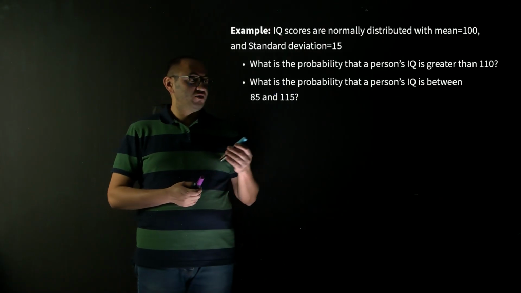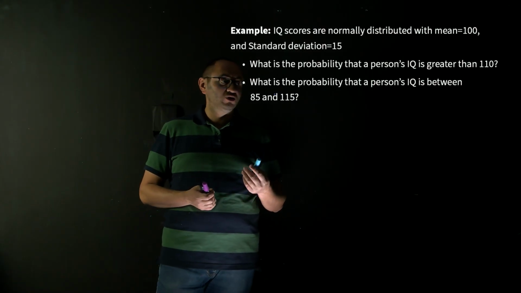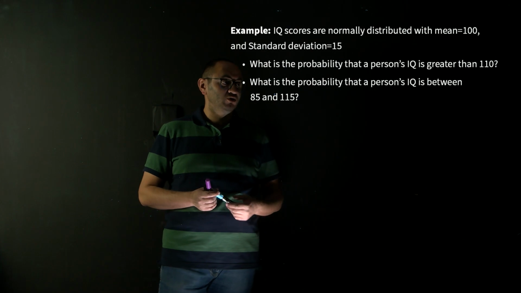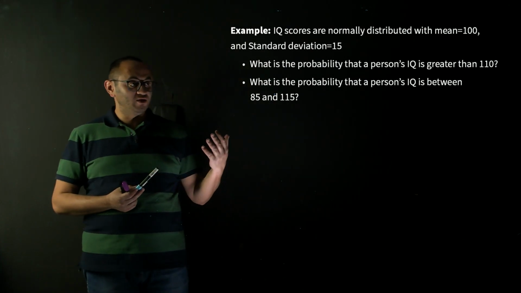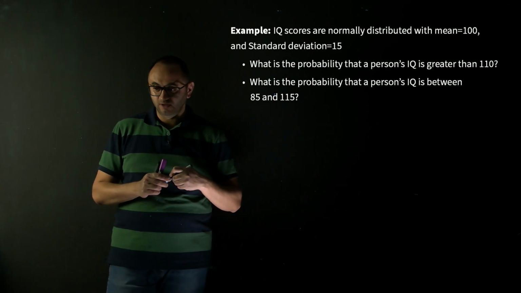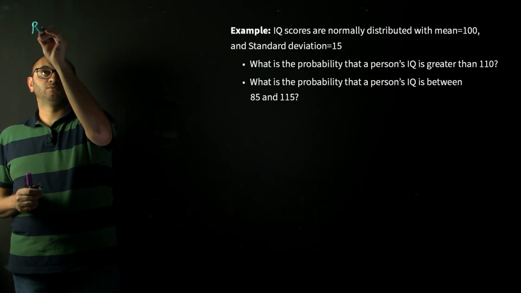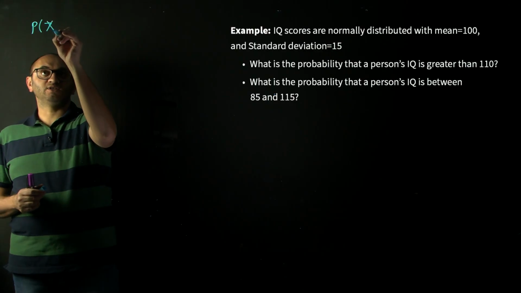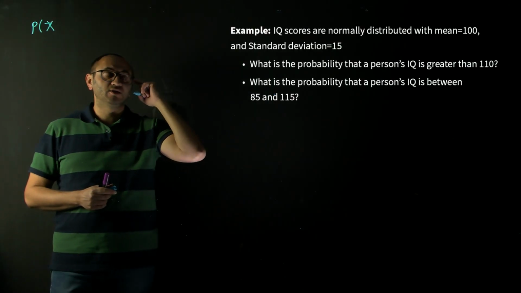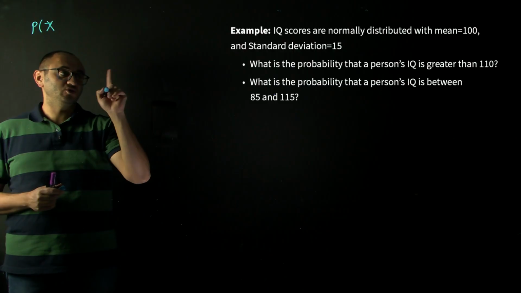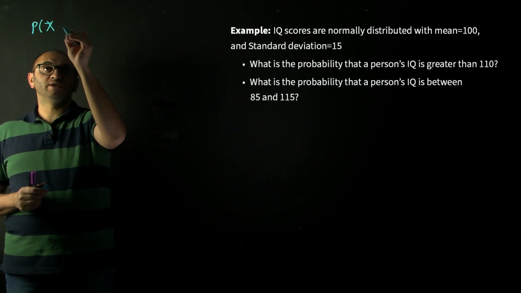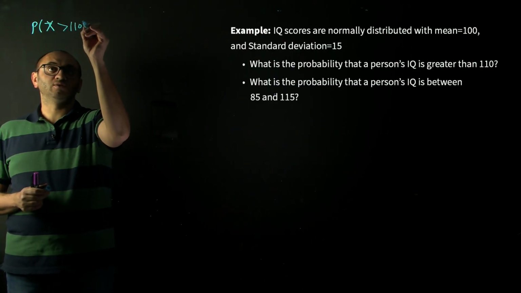All right, so this is a normal distribution, not a standard normal distribution. So we have to find the z-score of 110. We have to find probability that x, not z, is greater than 110.